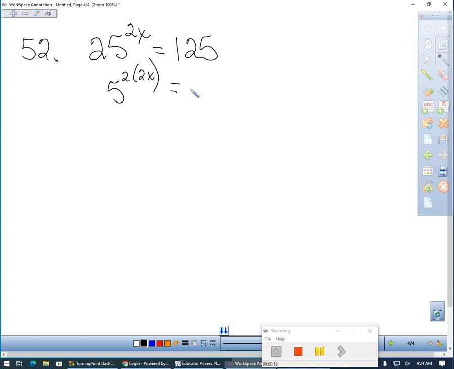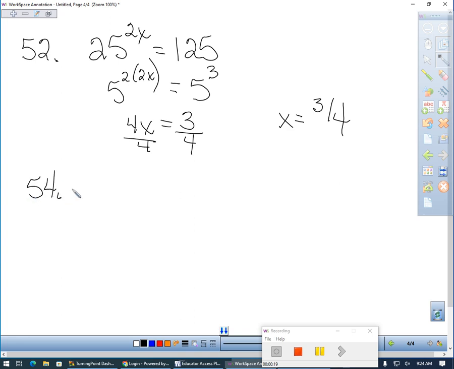And 125 is actually 5 to the third power. So since this is a one-to-one function, we can set our exponents equal to each other. So 2 times 2x is 4x, and that equals 3. Divide both sides by 4. And we get x equals 3 over 4, or 0.75 is okay also.